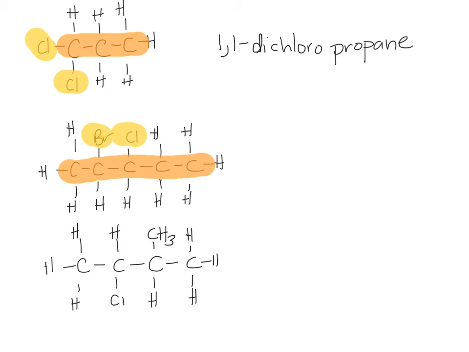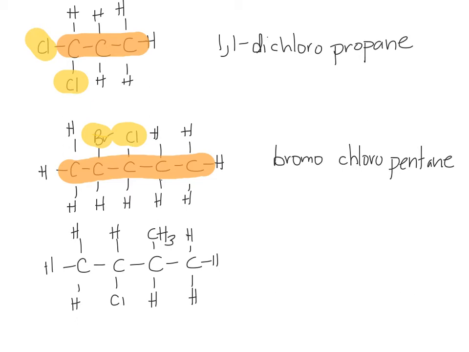So it's a pentane. They're all single bonds. So our root is pentane. And we have a bromo and a chloro as a side group.